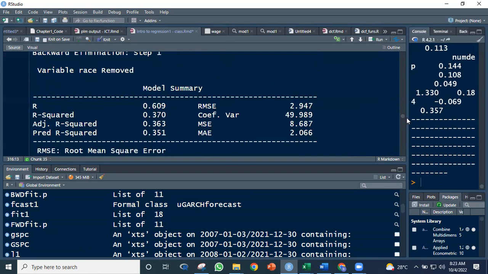Okay, so we're eliminating race, and then these are the result. If we eliminate race, R will be 0.609. This is correlation, and then adjusted R squared is 36.3.